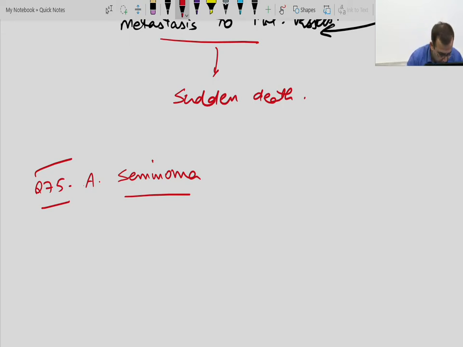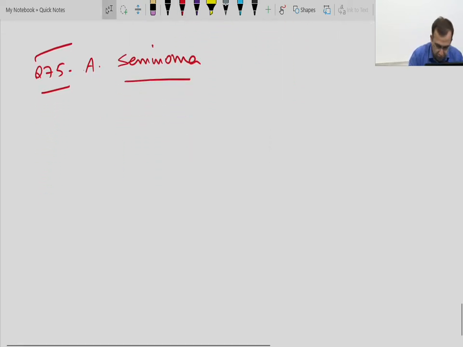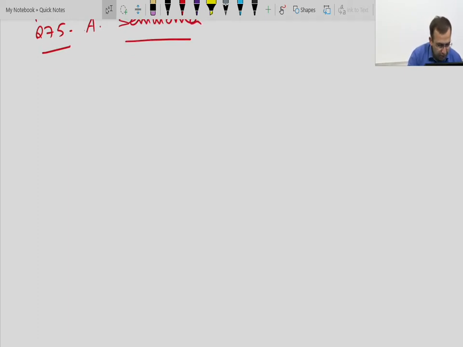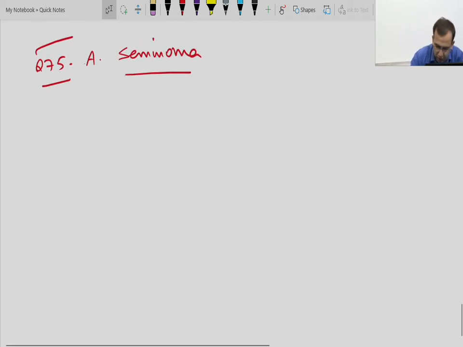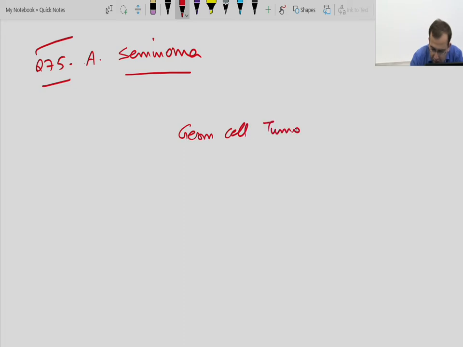Seminoma. So, before we go further, let us have a look at testicular tumors. The most common testicular tumor is a germ cell tumor. Testicular tumors are presumed to be germ cell tumors until proven otherwise. Why?